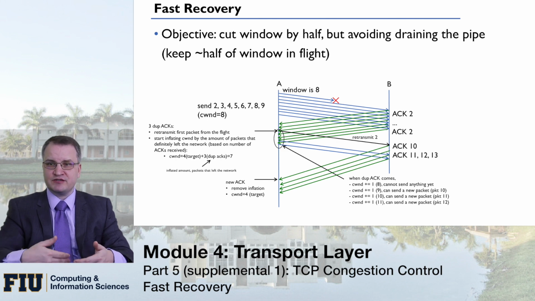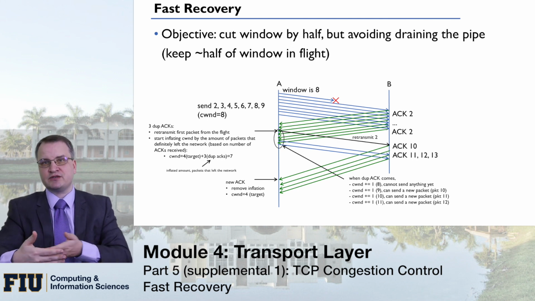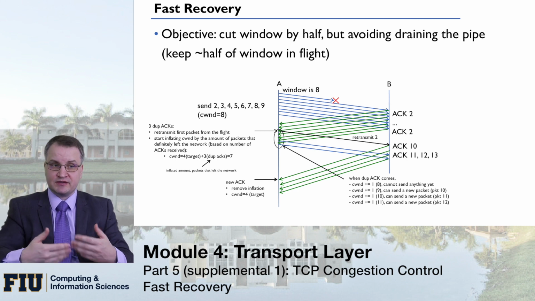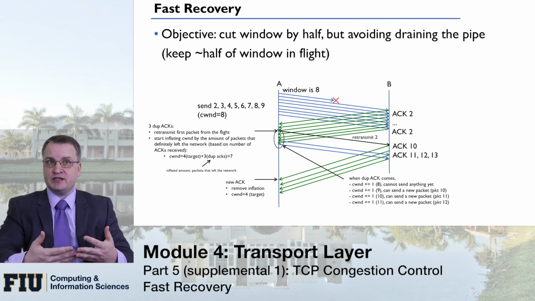Until you retransmit everything and get the acknowledgements, you have no idea whether the packets you sent are in flight. So for that part, you actually have to do some magic estimation.